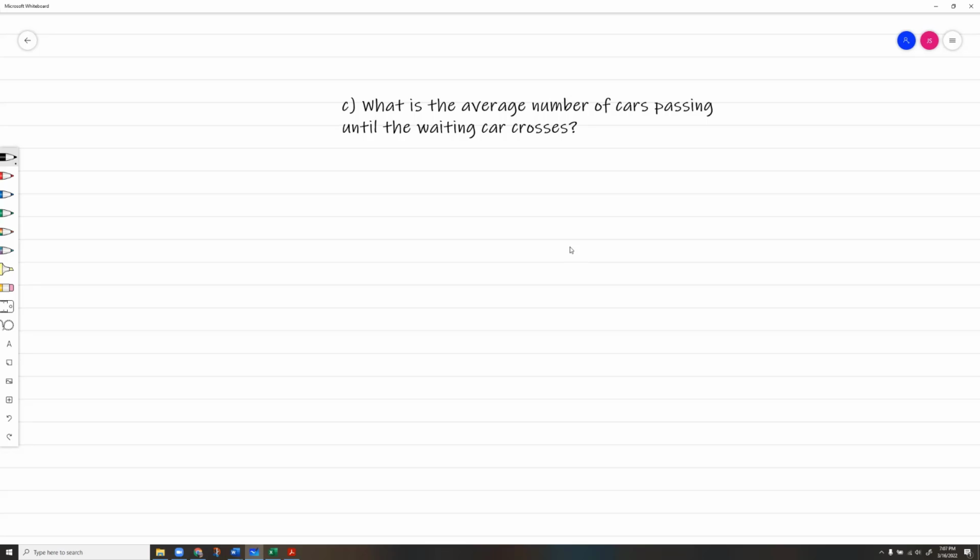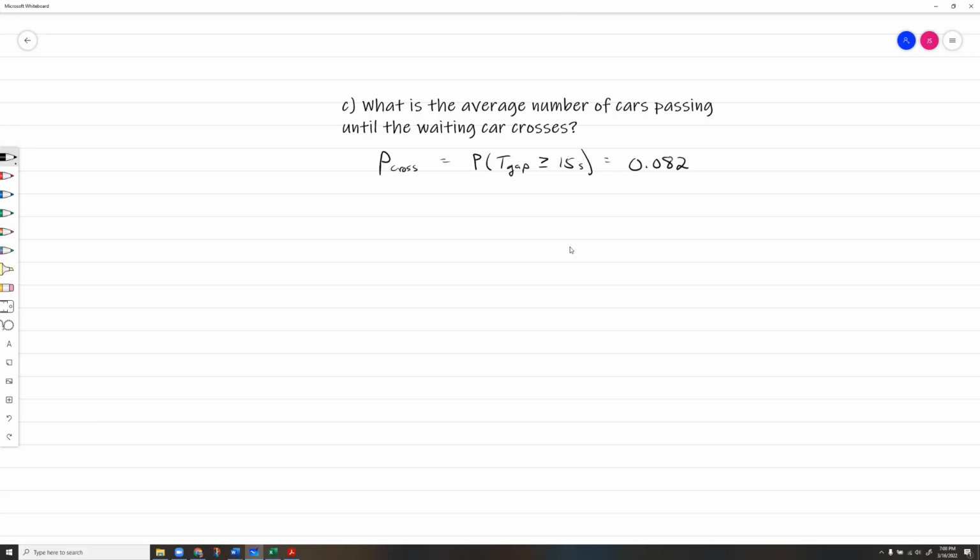So how many cars essentially would be stacking up over so many minutes or an hour waiting to cross here? So the way we would calculate this is we already calculated P of crossing, which is equal to the probability that our T gap is greater than or equal to 15 seconds, and that was 0.082.